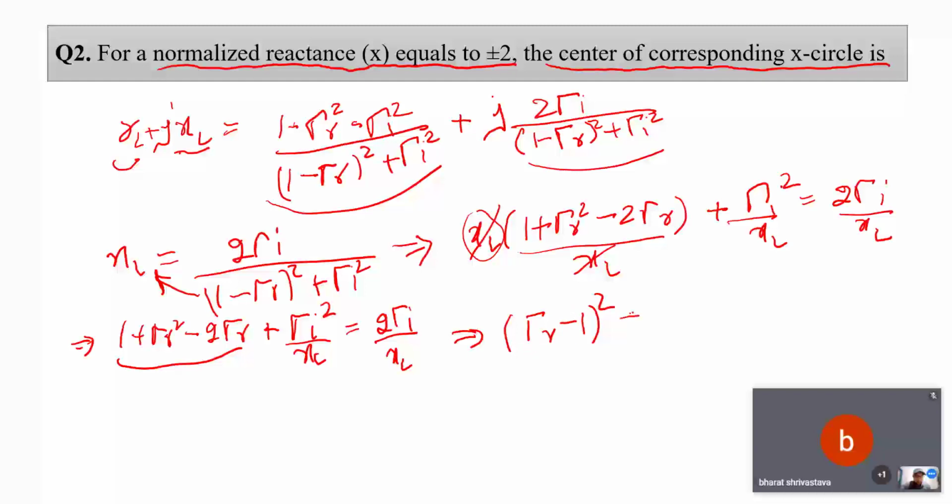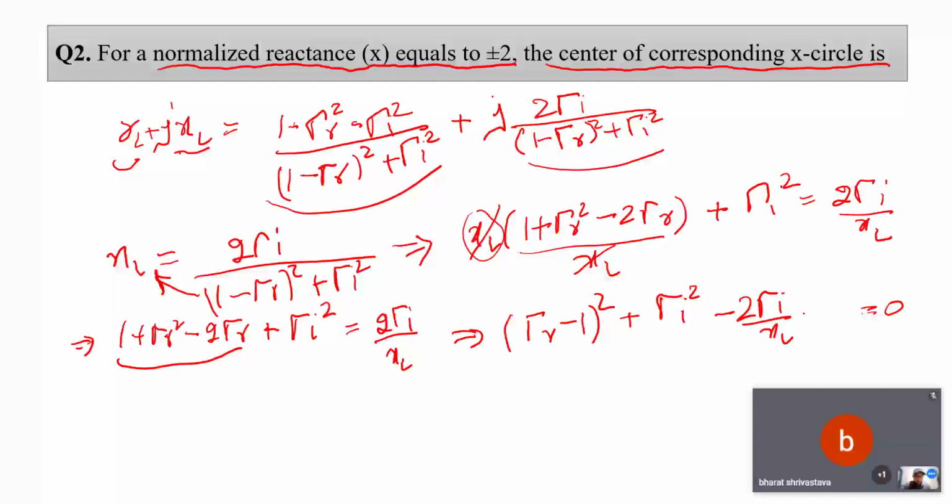And here you can write gamma I square plus gamma I square over xl minus 2 gamma I over xl, and this will become 0.